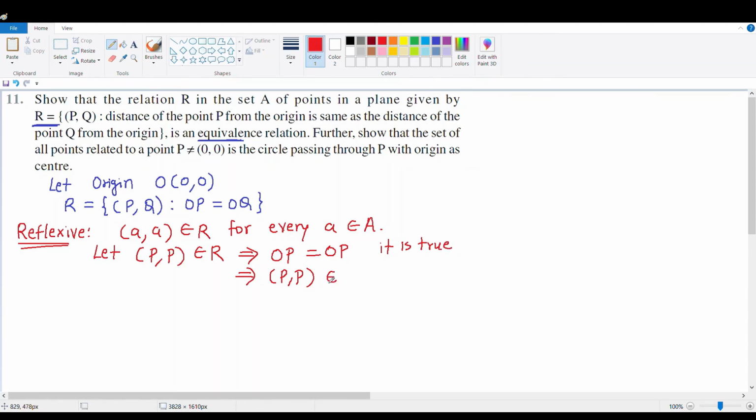So (P, P) belongs to R, and that means (a, a) belongs to R. As soon as we prove that, R is reflexive. Now we are going to check for symmetric.